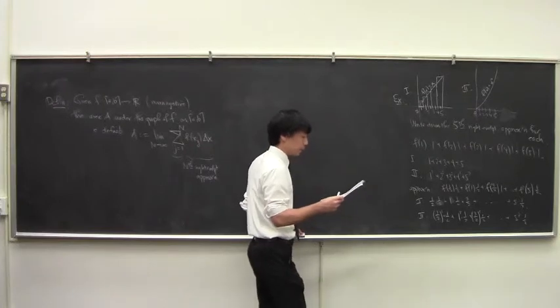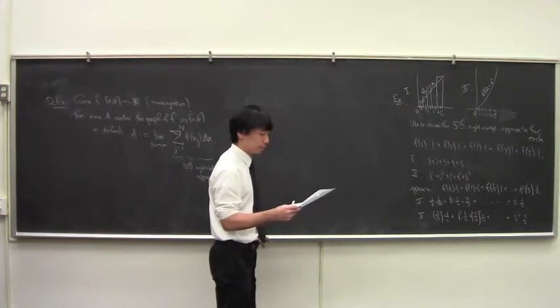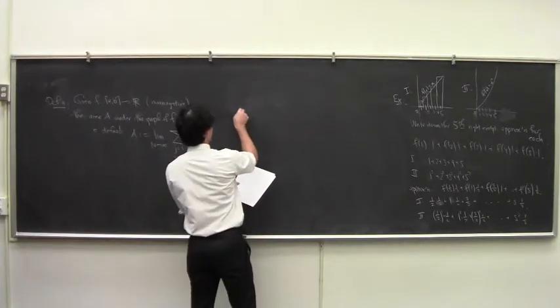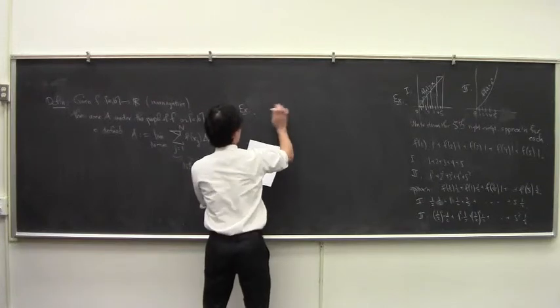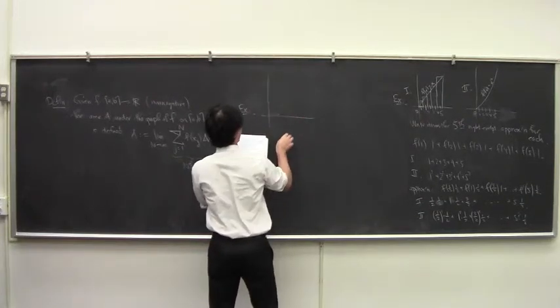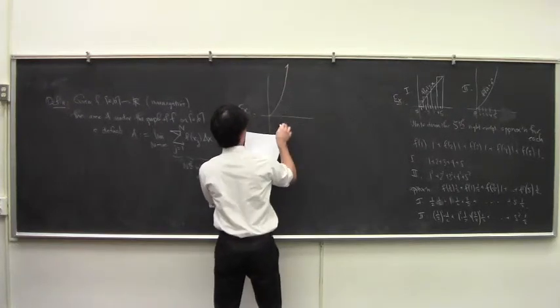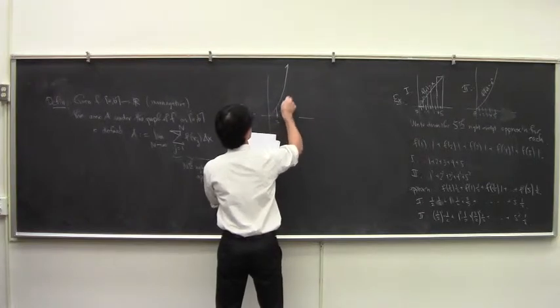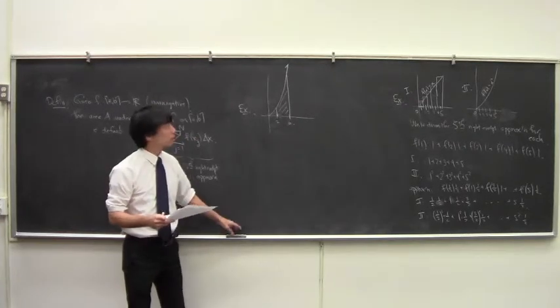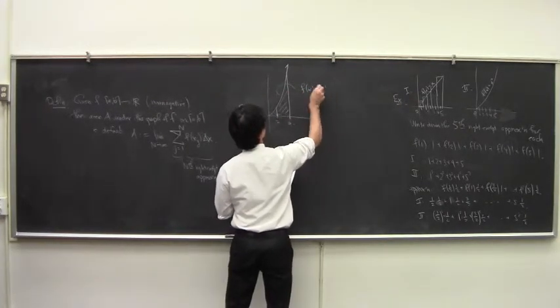Let me give you one example of how that's done. Somebody asks you for the area between 2 and 6 on the function f of x equals x squared.